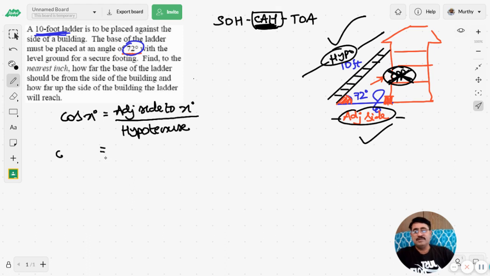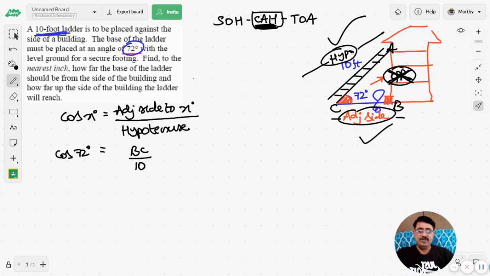So here, cos 72 degrees. What is adjacent? Here we don't know. If you want, you can label them like A, B, C. So I don't know the value of BC. What is hypotenuse? You can see that it is 10 units that goes to the denominator.